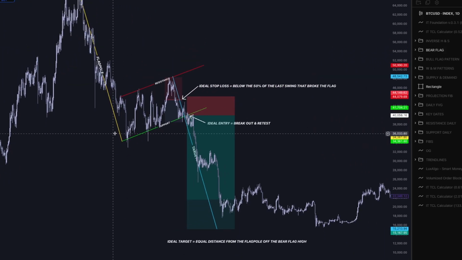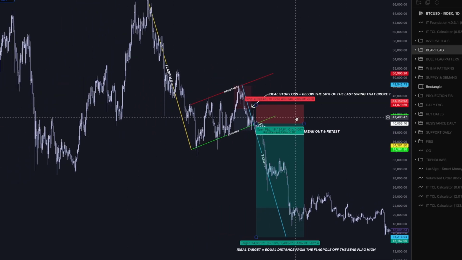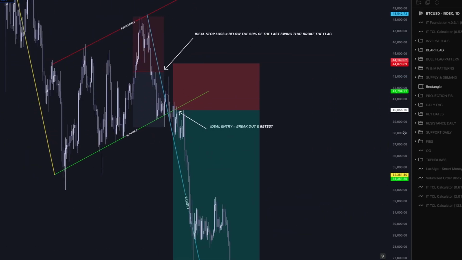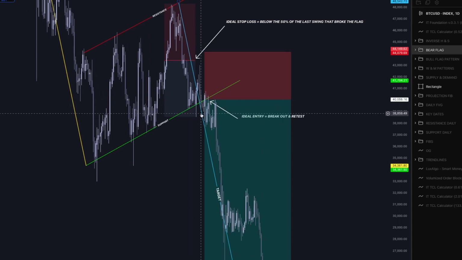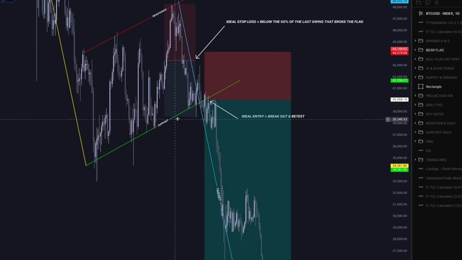But with the bear flag, what you're waiting for is a break again and a retest. So all the same rules apply, but in the opposite direction. Here wasn't quite as clean of a break of the support.